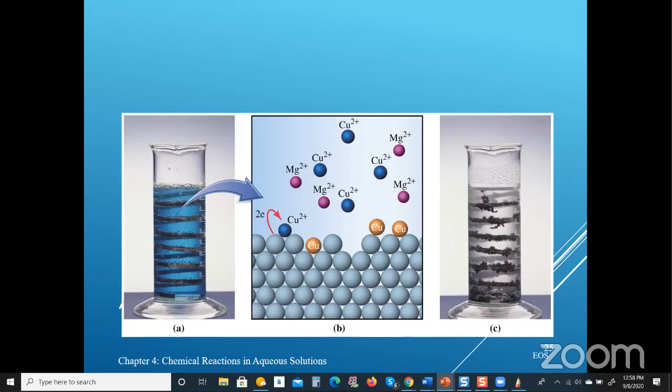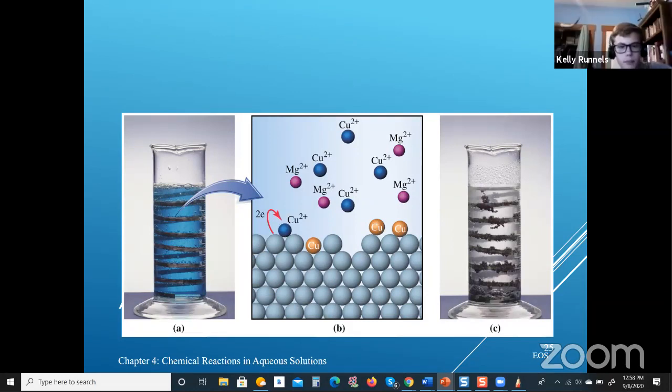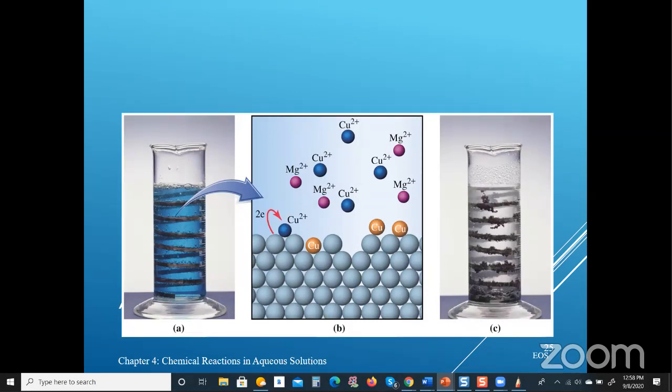In this example, if you take a piece of magnesium coil and stick it in a solution containing copper 2 sulfate and wait for a while, you're going to see a couple of things happen. The blue solution, which is the copper 2 sulfate, clears up, going from blue to colorless or almost colorless.